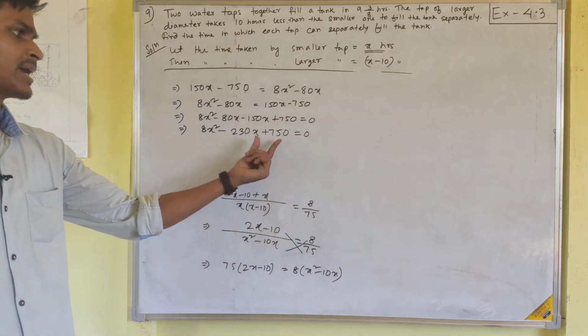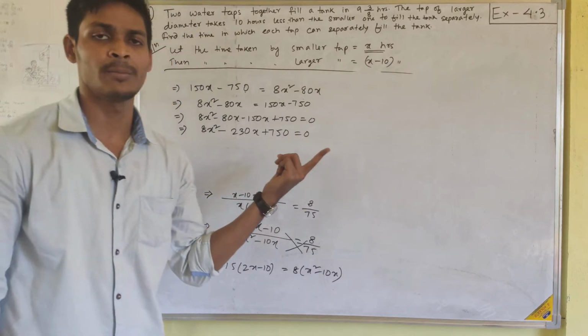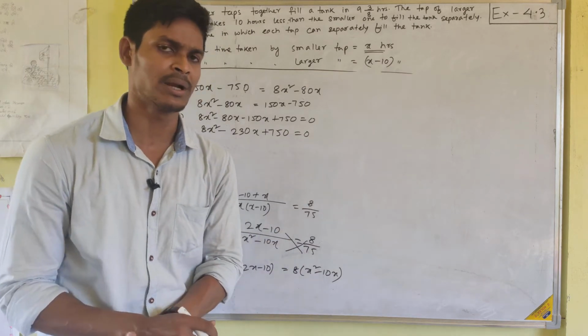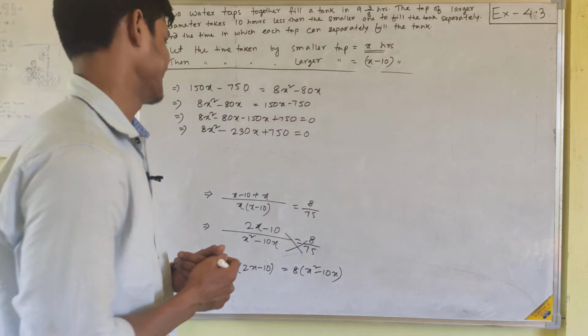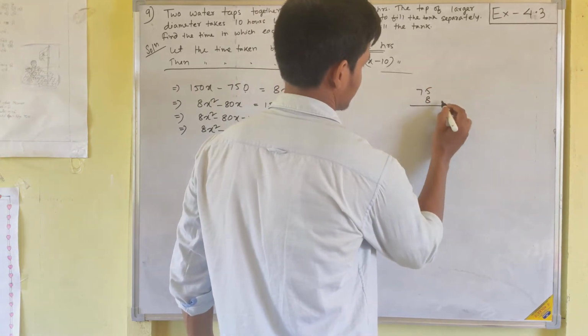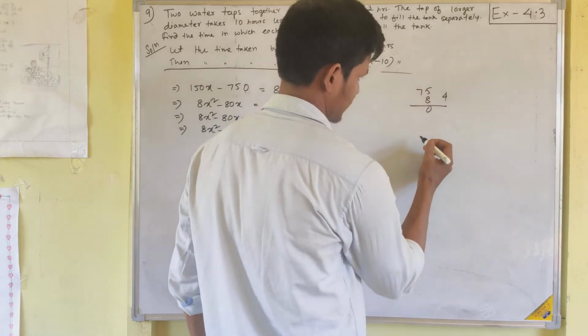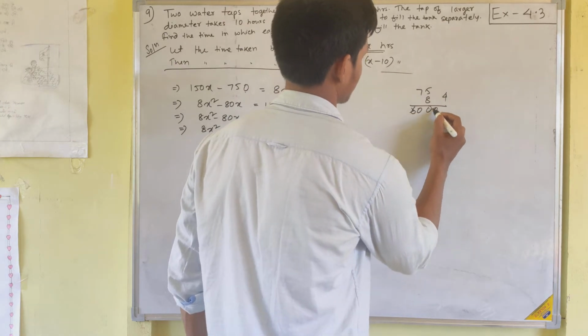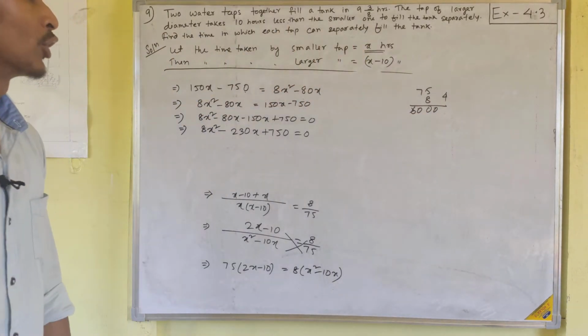Now this is in the form ax square plus bx plus c. So I will multiply a into c, that is 75 into 8: 8 5s are 40, 0 carry 4, 8 7s are 56 plus 4 is 60, so 6000.